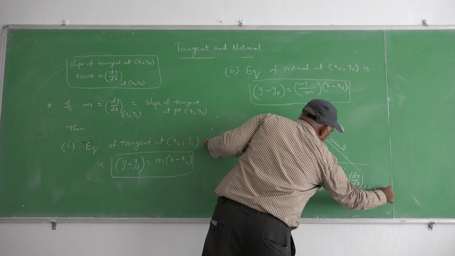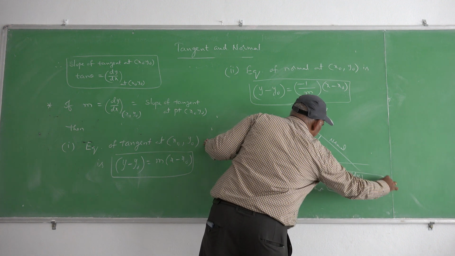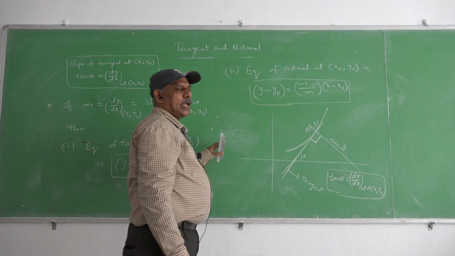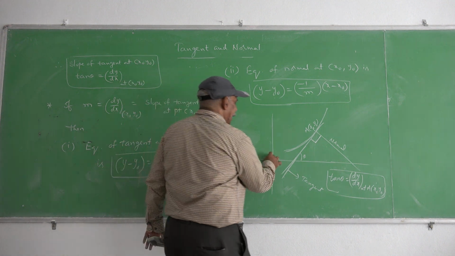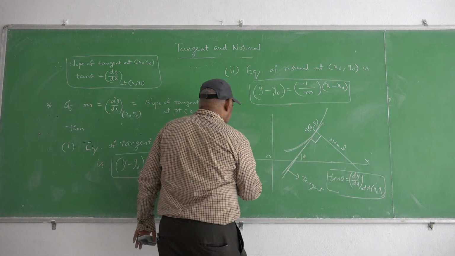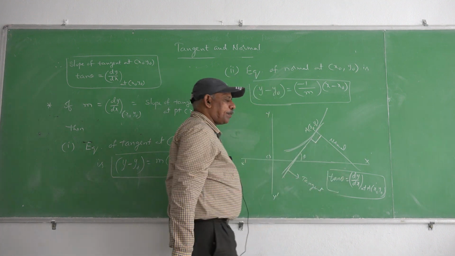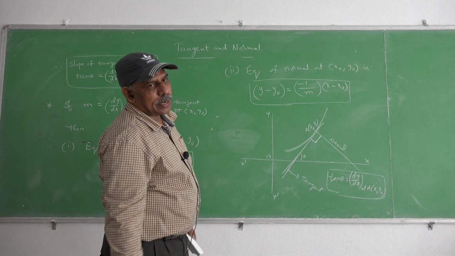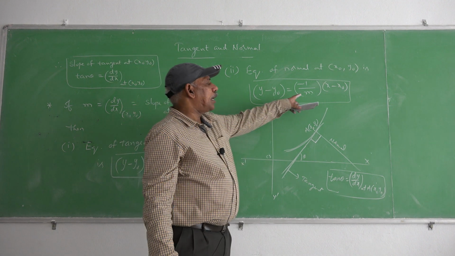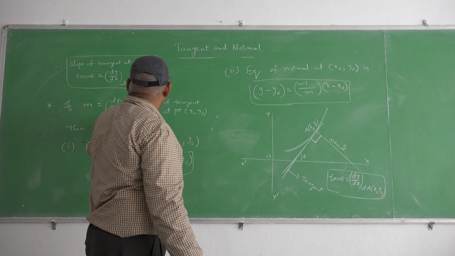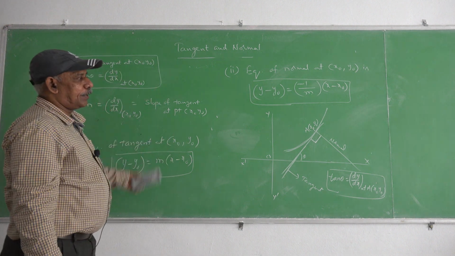Tan theta, once the tangent is making theta angle with the positive direction of x axis, then tan theta is given by the slope of the tangent, which is dy by dx at x naught y naught, which is represented by m here.